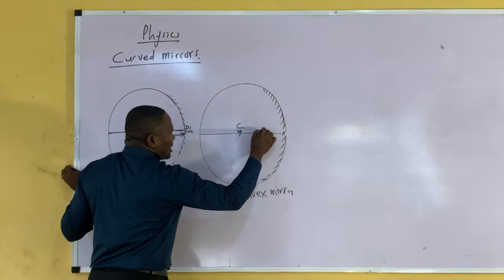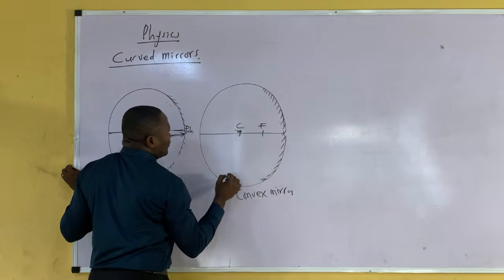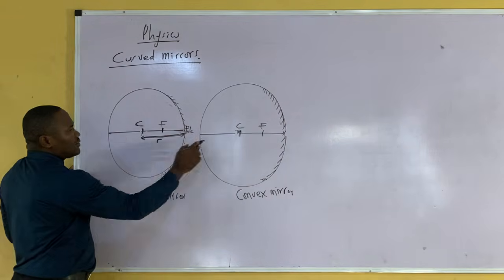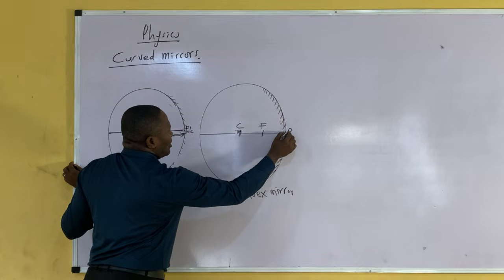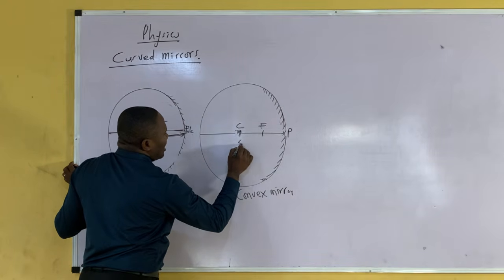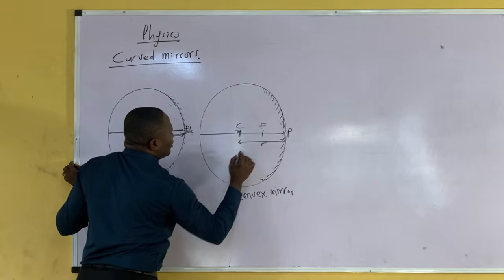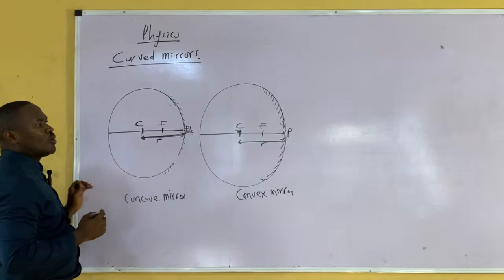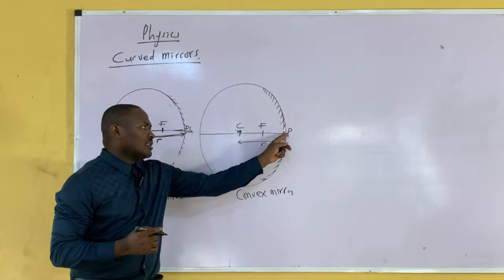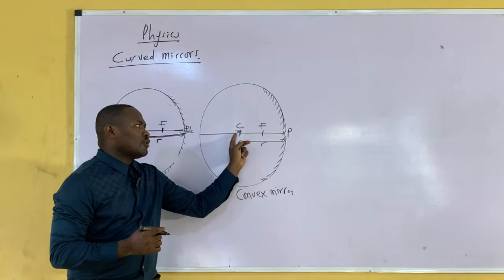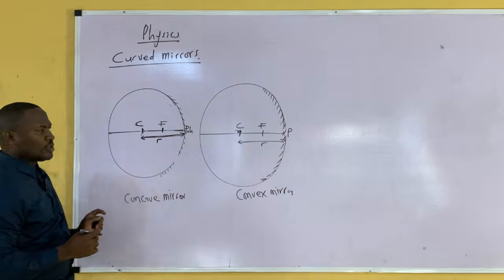So this half is called the focus. The distance from here to here, which is the pole, is R, radius of curvature, while half the center of curvature is called the focus.